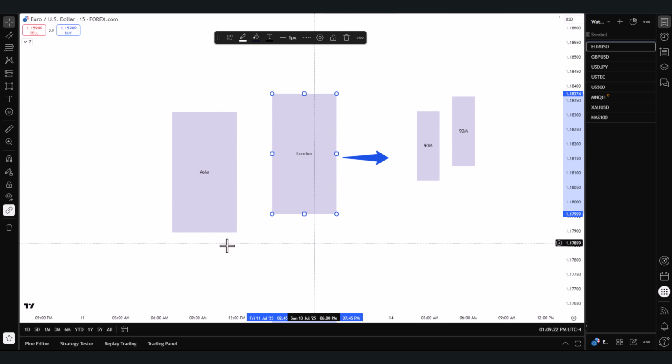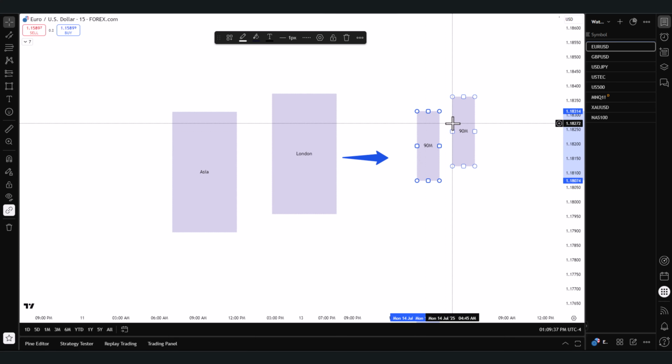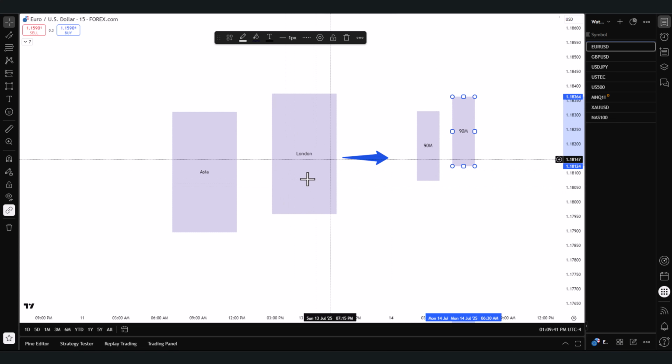Step 1 done. Step 2. Suppose this is London session and these are the 90-minute cycles inside the London session. This is 90-minute cycle 1. This is 90-minute cycle 2. What was our London's bias? This is sell.